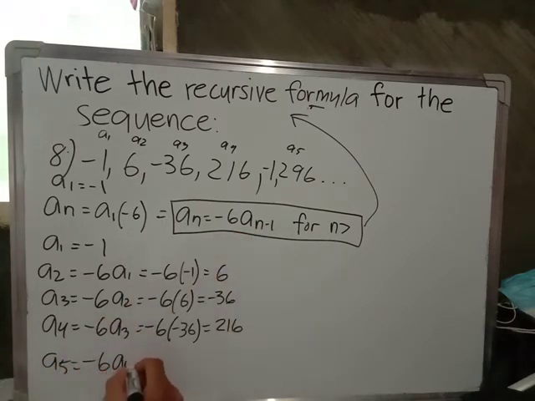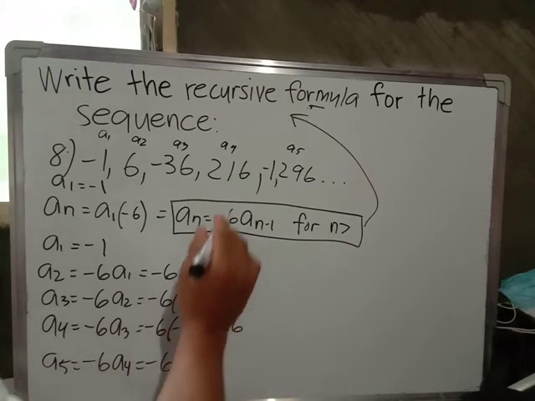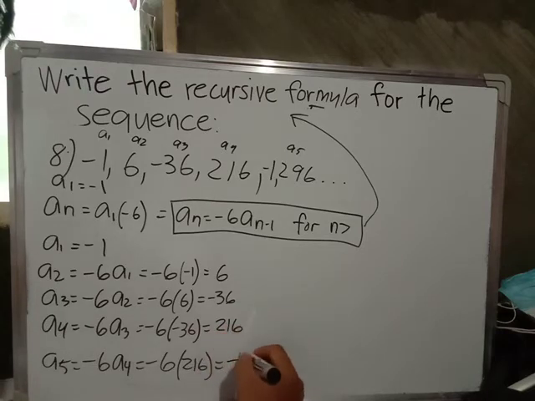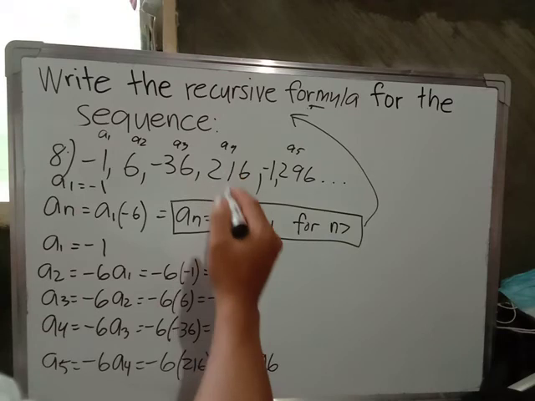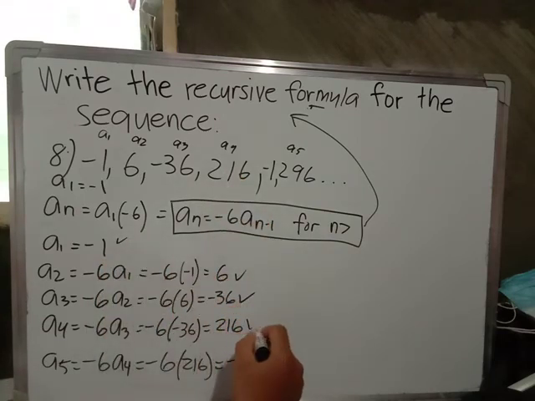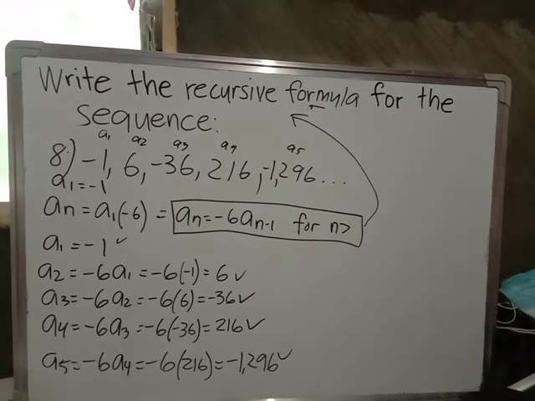E4 natin is positive 216. So, negative 6 times 216 is negative 1,296. So, tama po tayo sa ating hanap na recursive formula.